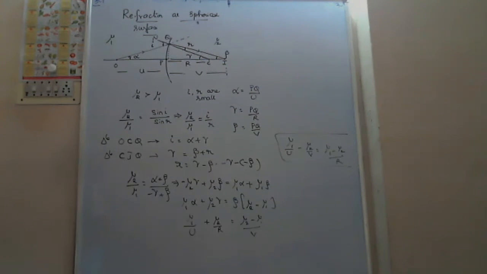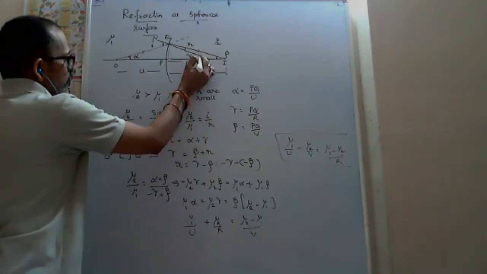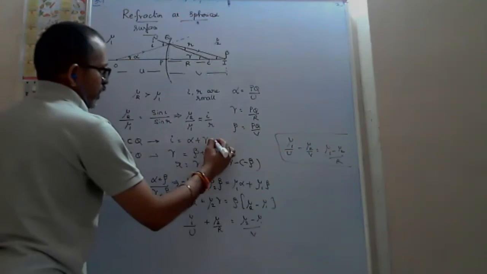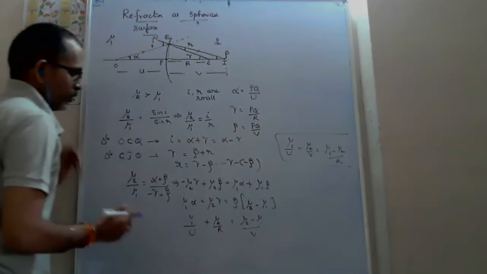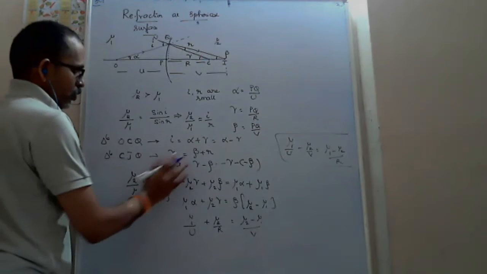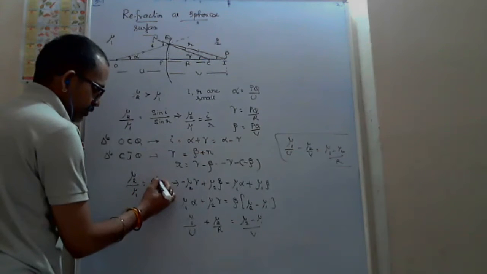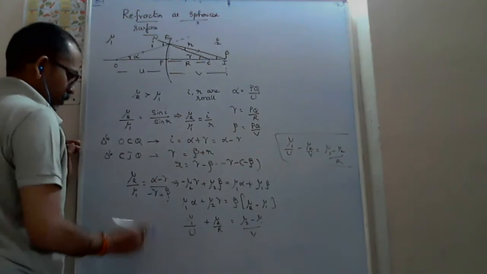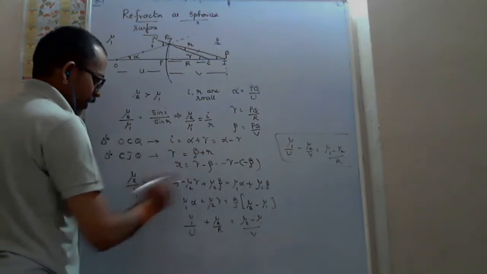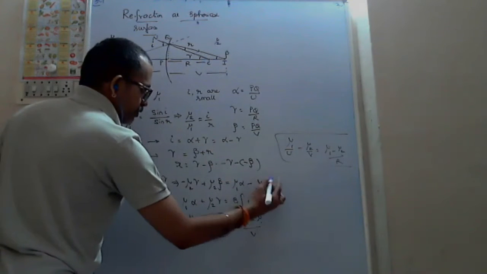PQ. Again, sign convention: alpha positive, gamma negative. Right, so this is alpha minus gamma. Am I right? Yes sir. So this will be i equals alpha minus gamma. Means here mu2 into minus gamma plus mu2 beta equals mu1 alpha minus mu1 gamma.